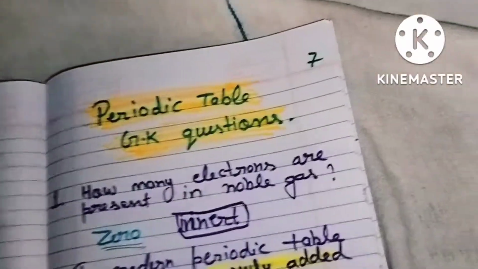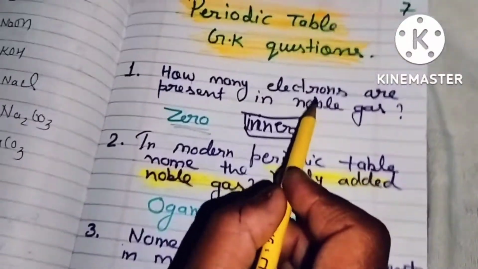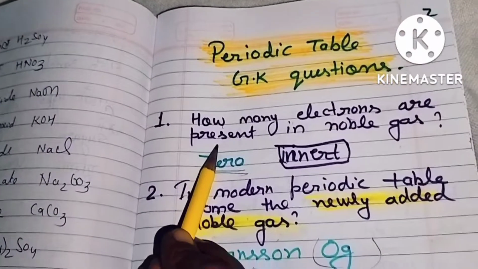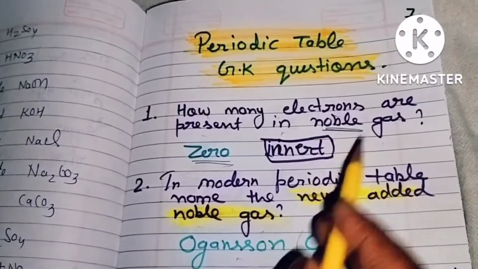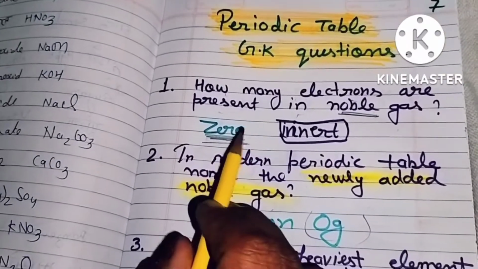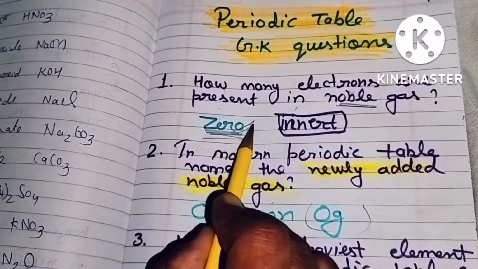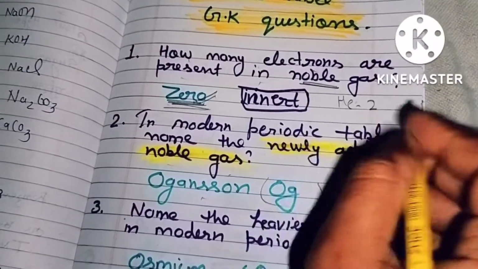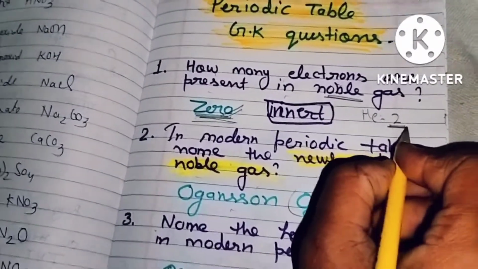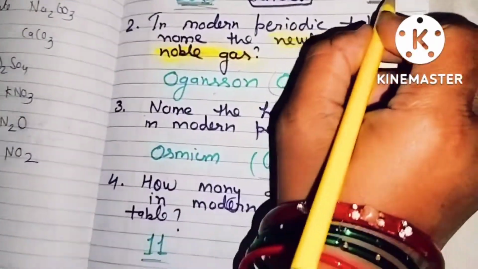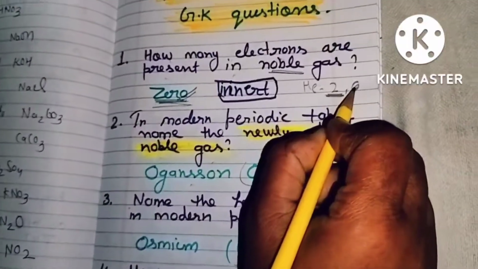Next, how many electrons are present in the outermost shell of noble gases? These are called inert gases, or zero group gases. They have zero valence electrons, like helium, which has 2. Their configuration is saturated and completed, so the last shell electron count is 0.